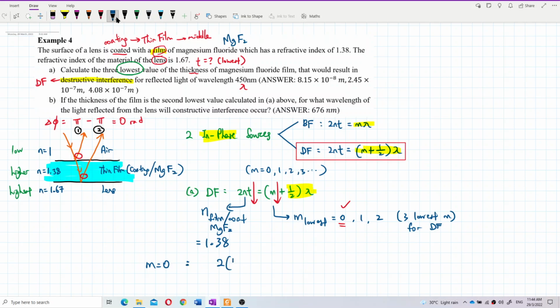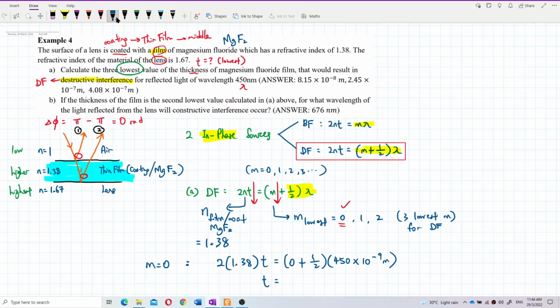So 2n, 1.38, multiplied by thickness, equals 0 plus half lambda. What is lambda? 450 nanometer. Nanometer is 10 to the power of -9 meter. Change to SI unit, and then find the thickness.